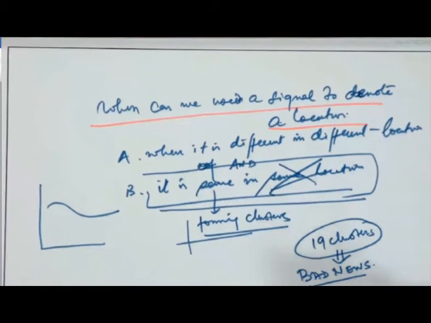If the signal strength is the same in different locations, then you are confused. And more importantly, it is the same in the same location, because it has to be the same in the same location at all times. So if in the morning it is 5 and in the evening it is 7, then that is very problematic.